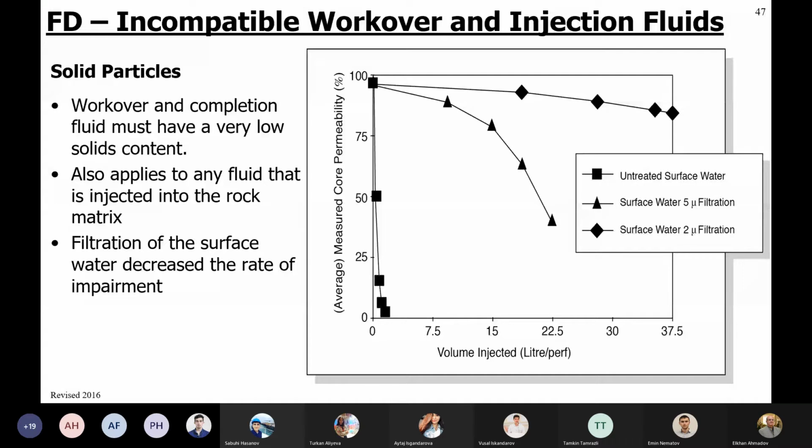So that's how the cleanliness of the workover and injection fluids affects the injectivity or formation damage.